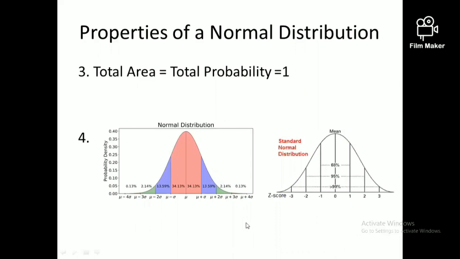And this is another important rule we have to understand. This is the mean value over here. If you go one standard deviation to the lower side and upper side from the mean, in a normal distribution there is 68% of the information over here.